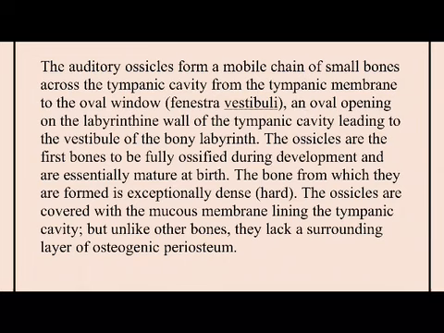So the auditory ossicles, like I said, are bones that you find across the tympanic cavity from the tympanic membrane to the oval window. And the oval window is an oval opening on the labyrinthine wall of the tympanic cavity. I mentioned that a while ago.